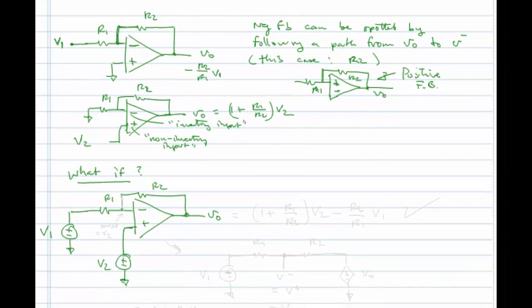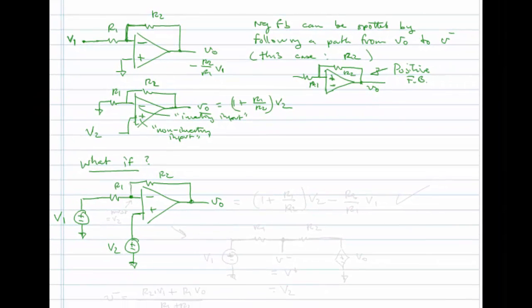Now I'm going to claim by superposition, because this is a linear circuit, that VO will be equal to 1 plus R1 over R2 V2 minus R2 over R1 V1. So I'm just putting those two together.